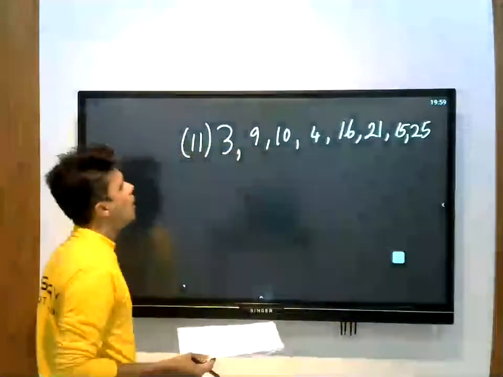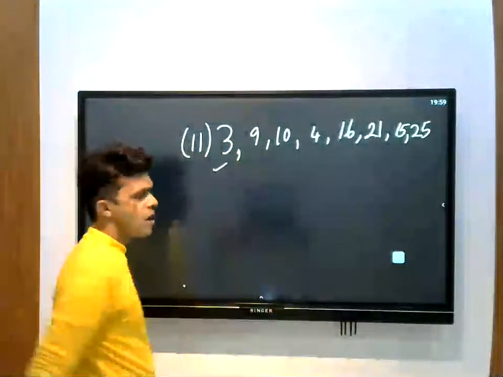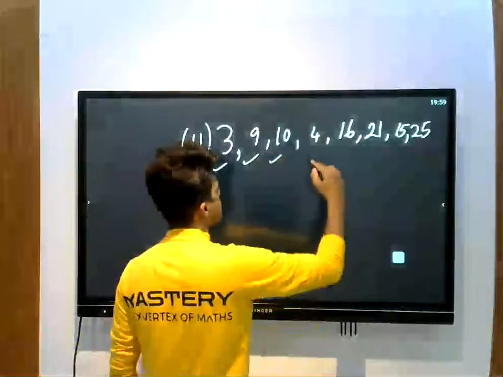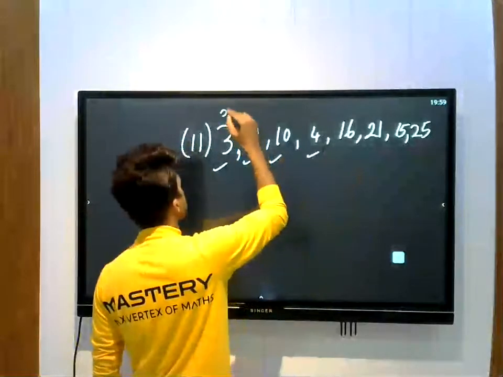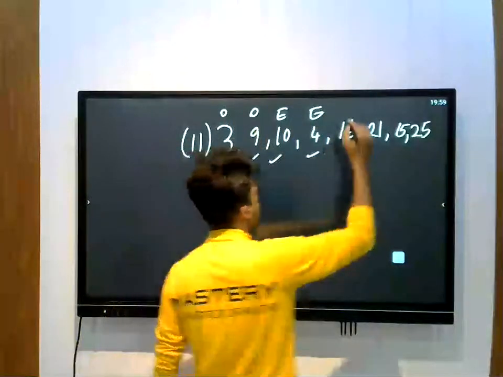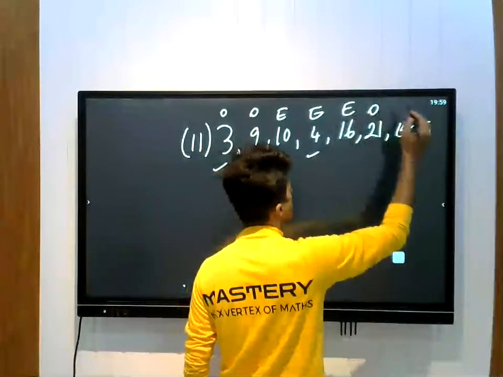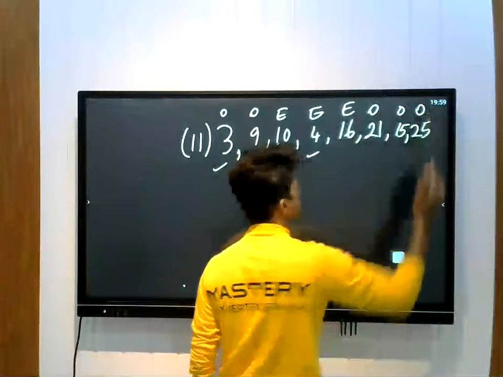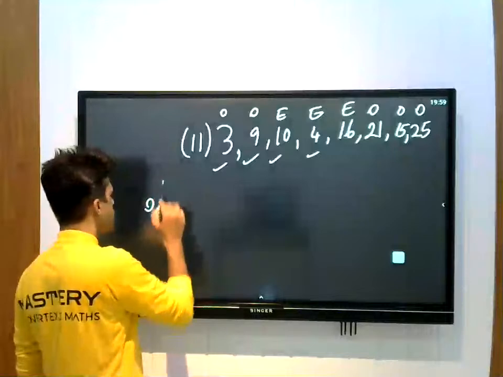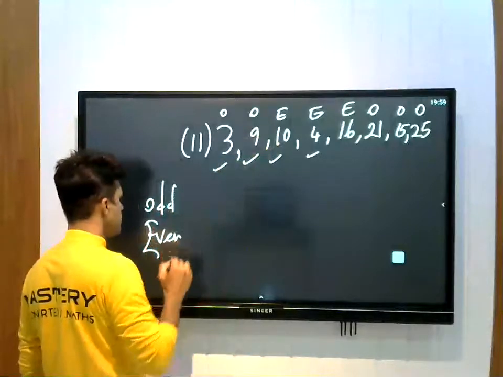3 is an odd number, 9 is an odd number, 10 is an even number, 16 also can be taken as an even number, and the rest are odd numbers.